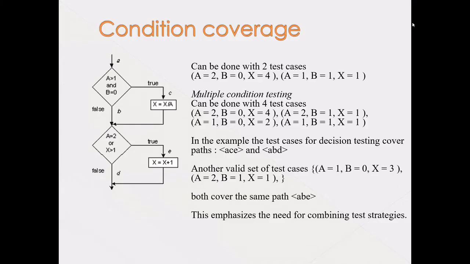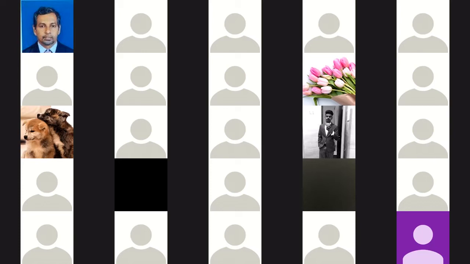Let me give you a small exercise. Can you go to this activity? If you go to this link, you will see an activity. Go to that activity and see how long it takes for you to finish it and type it in the chat.